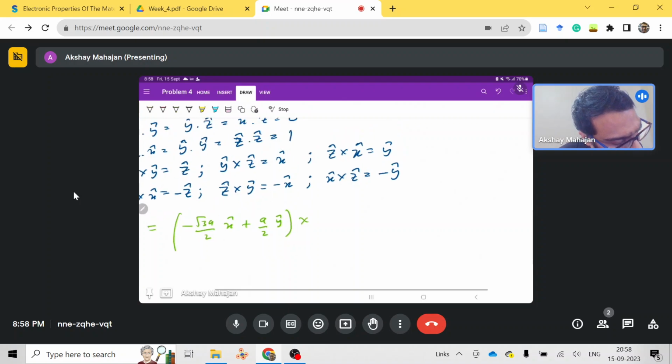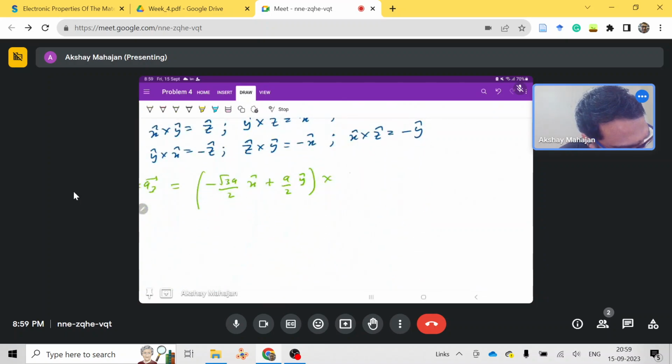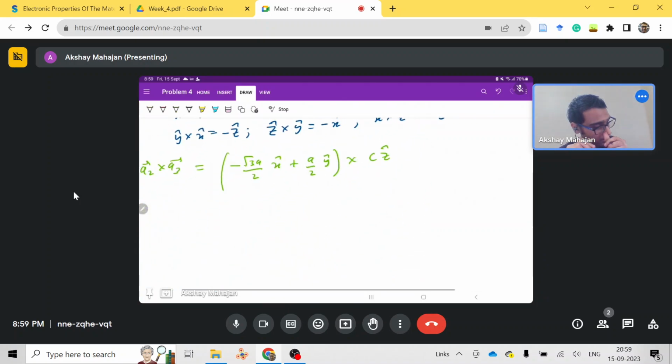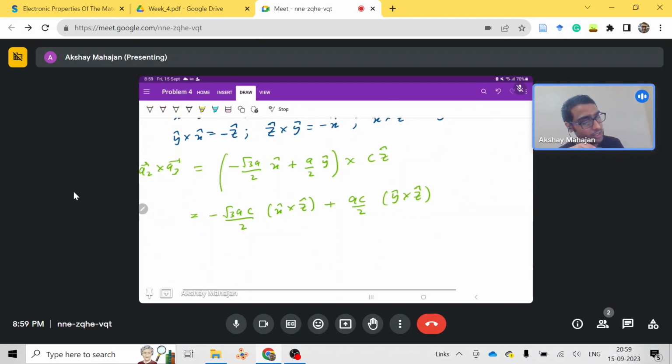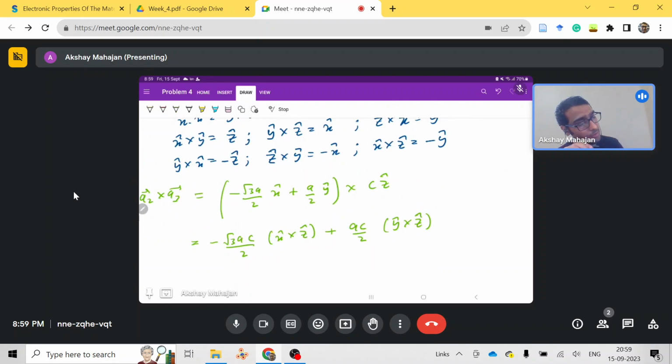I have to take a cross product with C times Z cap. So what we get is minus root 3 AC by 2, which is a scalar, x cap cross z cap, and plus AC by 2 y cap cross z cap.